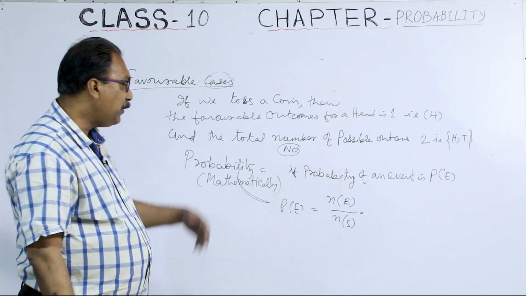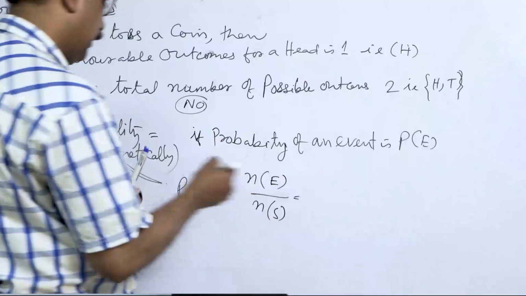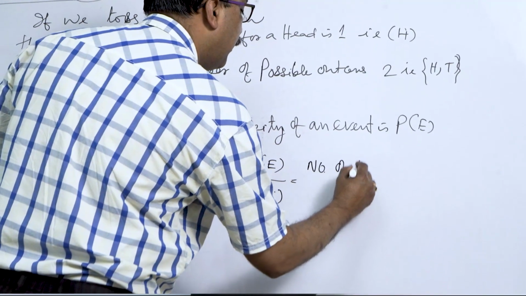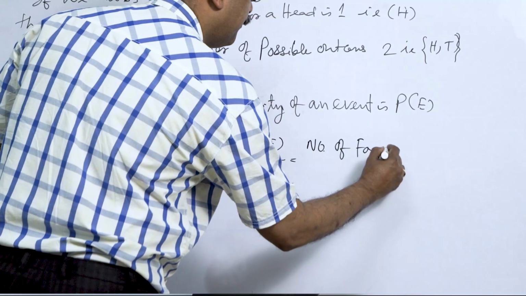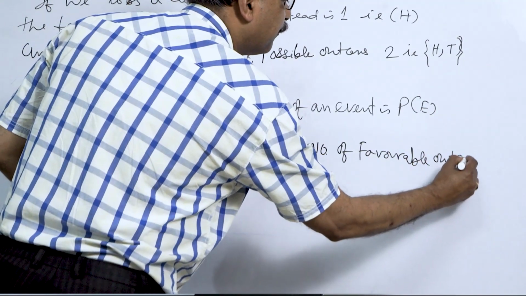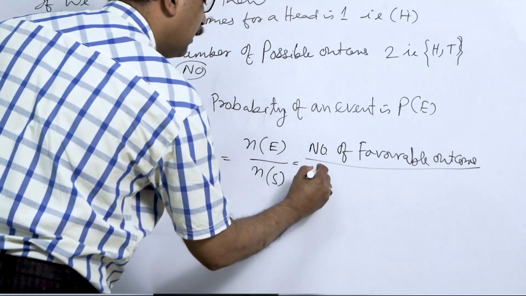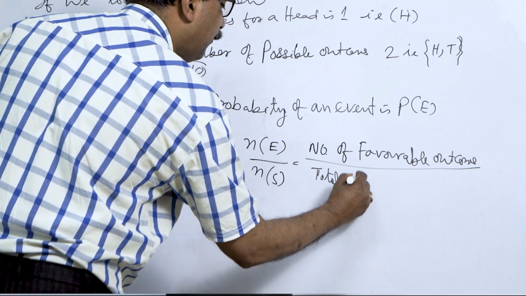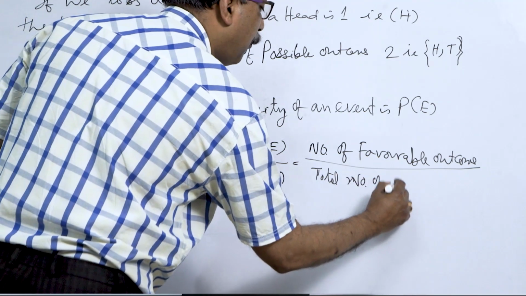Or we can say it this way: the number of favorable outcomes divided by the total number of possible outcomes.